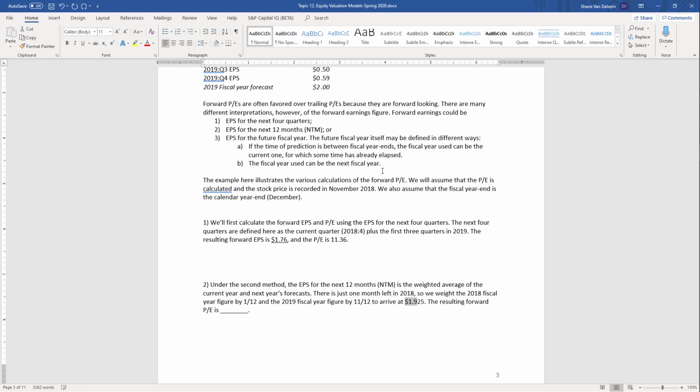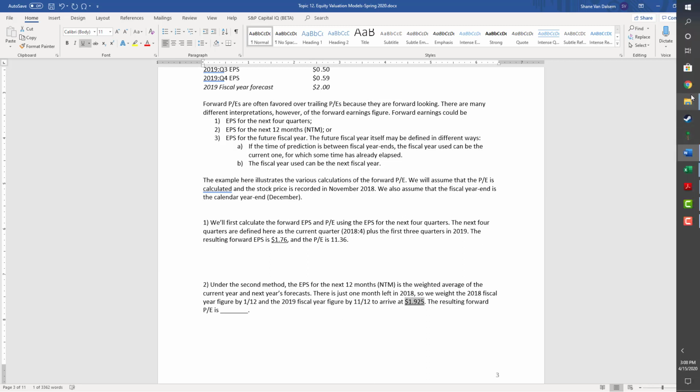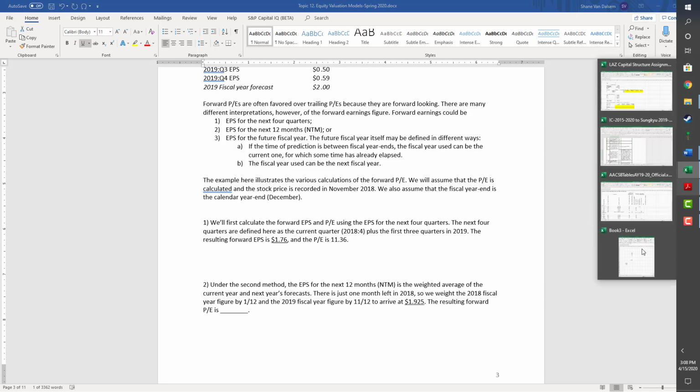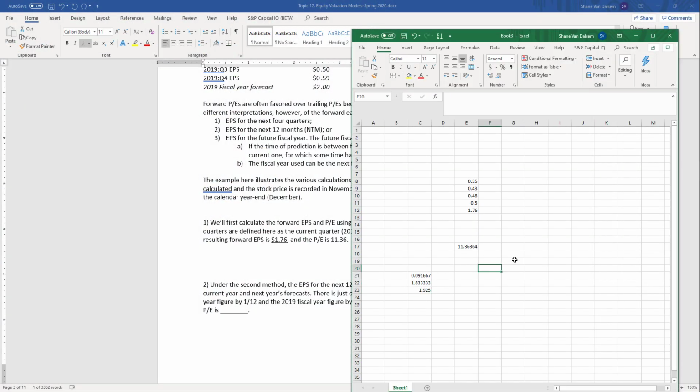And the resulting forward PE is $20 divided by 1.925, or 10.39.